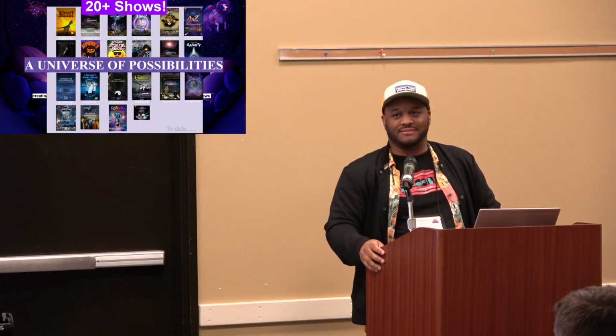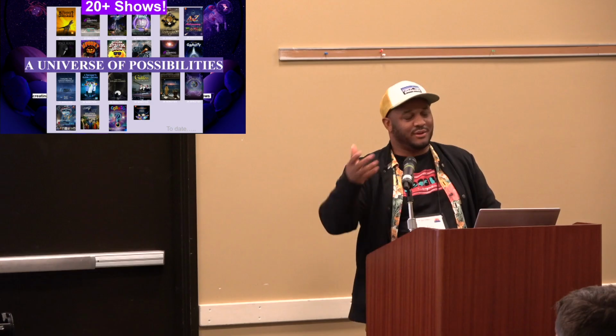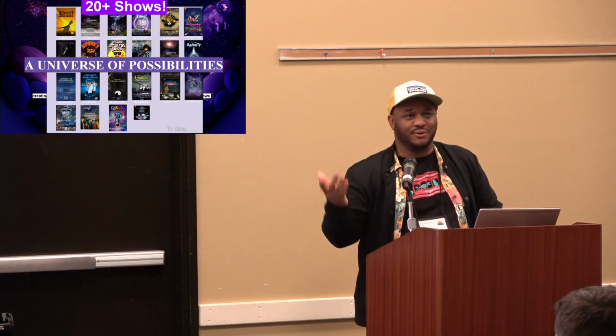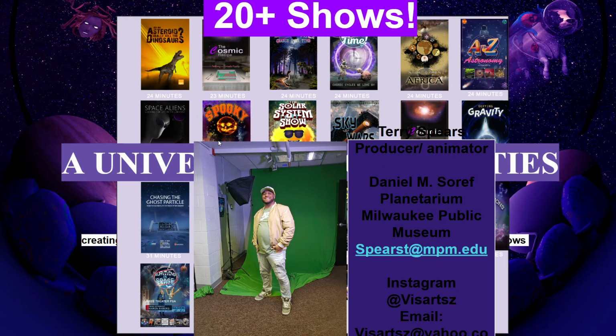With those techniques, you can create anything and have a universe of possibilities. That's me and some of my information. You can check me out on Instagram, see some of my work and contact information, and that's about it.